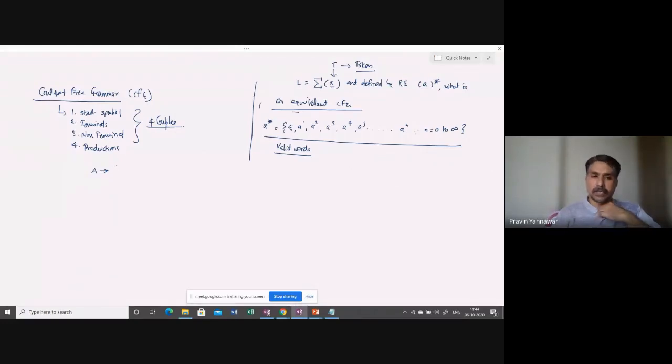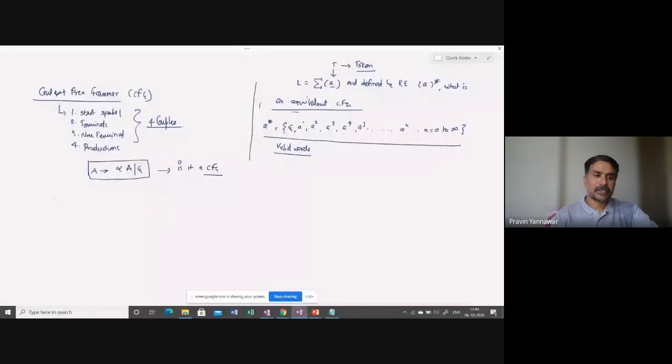In a simple case, we'll say that capital A implies alpha A, or epsilon. Okay, capital A implies alpha A, or epsilon. If suppose I am writing this, the question is, is it a CFG?